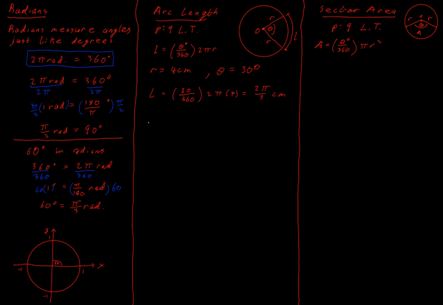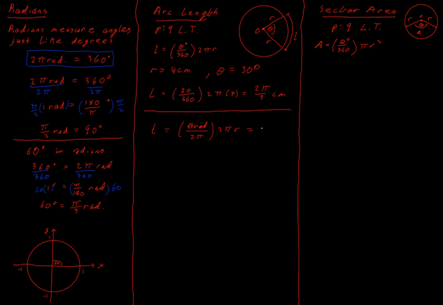What fraction of the circle have we gone around? Let's think about this formula if we were dealing with radians. So L is equal to theta in radians all over what? Well, this time the total is 2 pi. So it would be times 2 pi, or I have 2 pi divided by 2 pi.